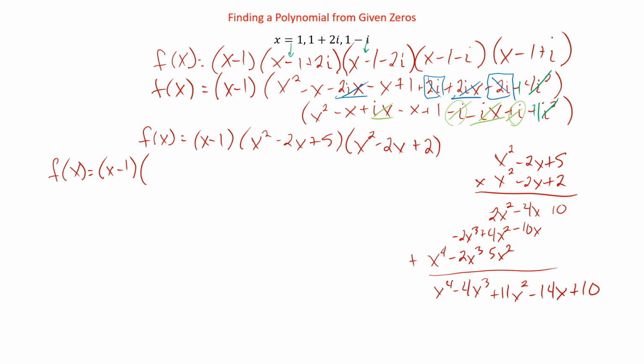That goes right up into our equation. So we have x to the fourth minus 4x cubed plus 11x squared minus 14x plus 10. And now we need to multiply these out.